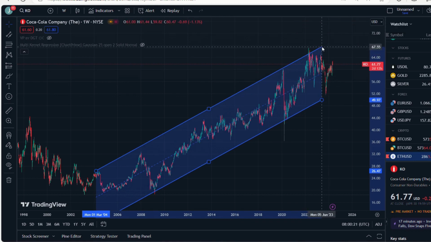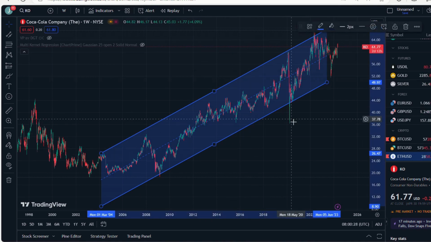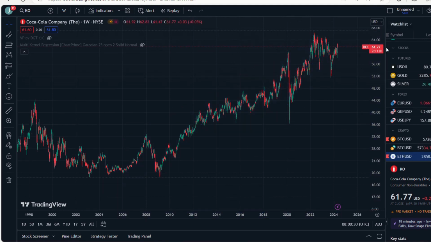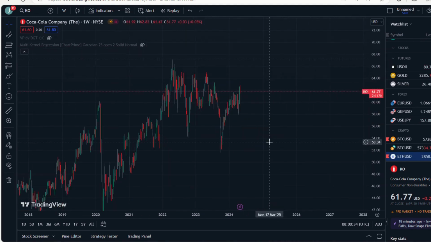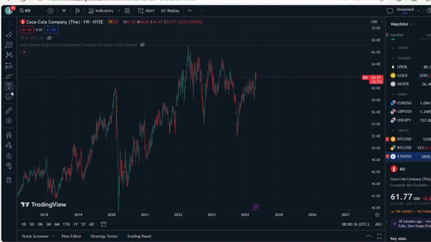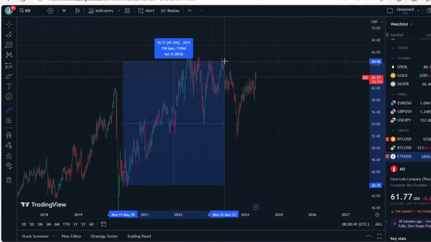It's an uptrend which actually started from 2005. It's very positive for this company to go higher and higher, but as you can see, in the last 3 or 4 years the stock price of Coca Cola's company has already increased 47%.